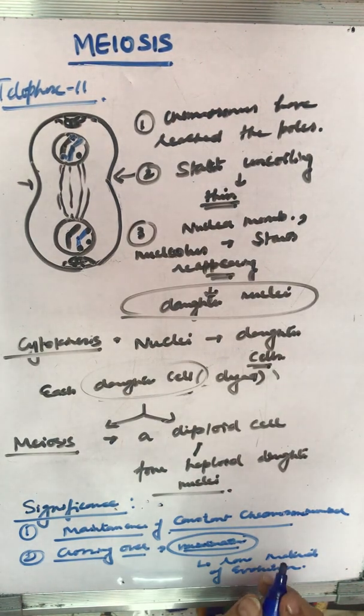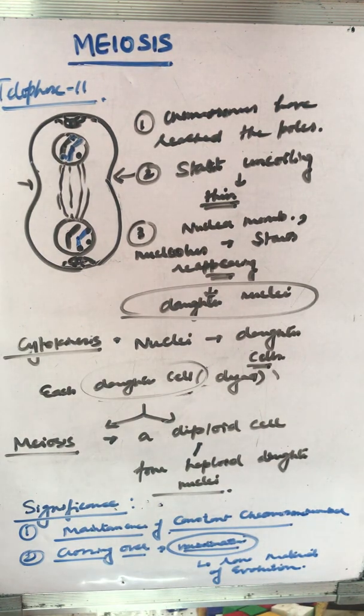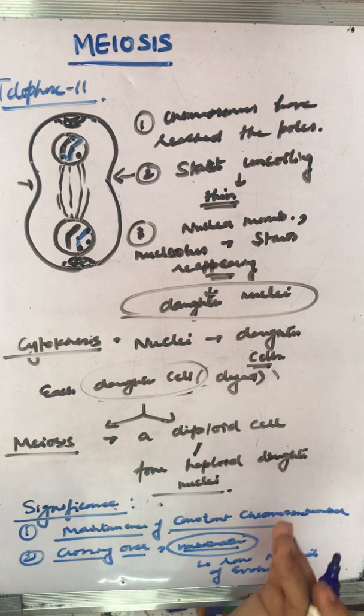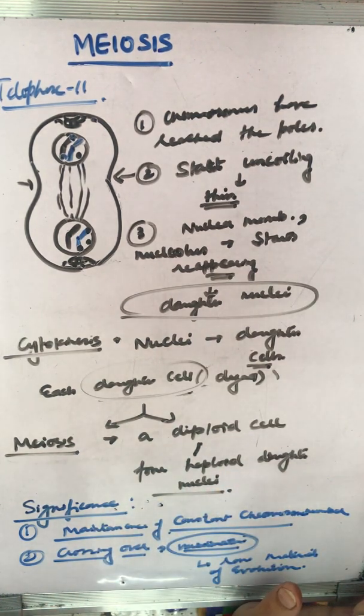So variations automatically lead to evolution. So in meiosis the chromosome number remains constant and the type of chromosomes in a species remains as it is, by halving the number.